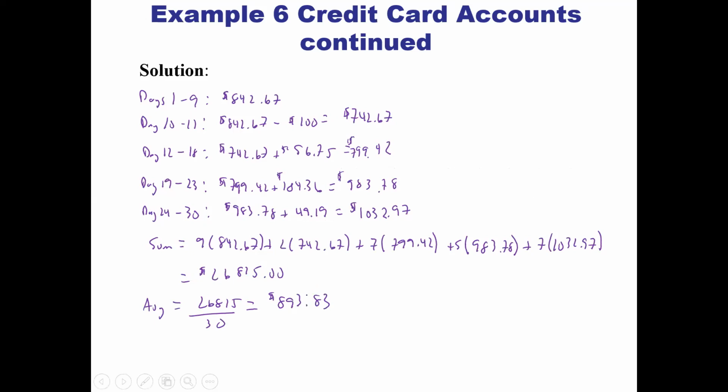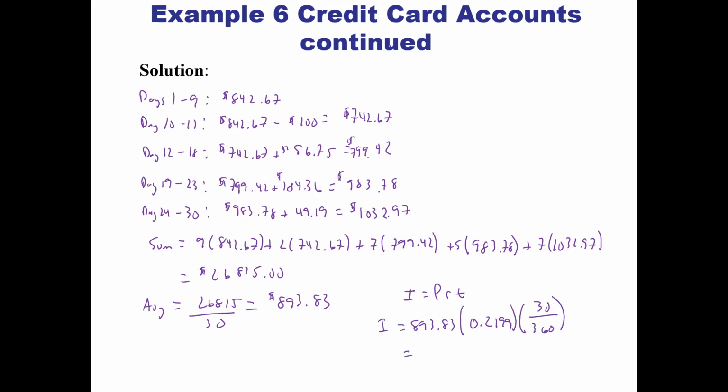And so now we have to calculate the interest. Interest is just going to be PRT. The principal was this, the rate was the 21.99%, and the T was 30 out of 360. So we'll have 893.83 times 0.2199, again converting your percent to a decimal, times 30 days out of 360 days. And so that's going to be our interest.